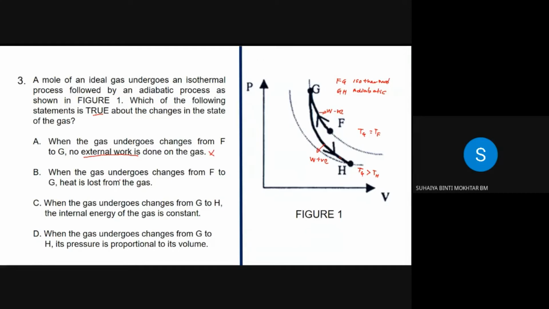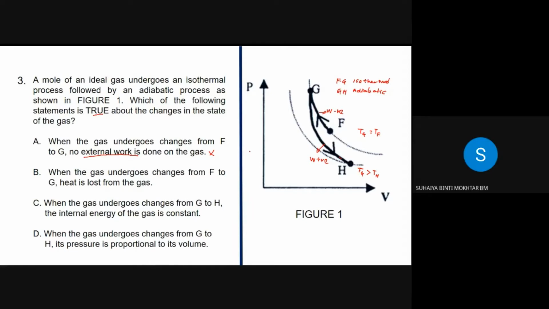B: when the gas undergoes change from F to G, isothermal, heat is lost from the gas. Is that true? Yes, true. Which equation do you use?